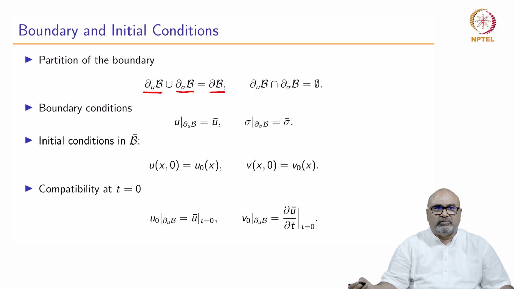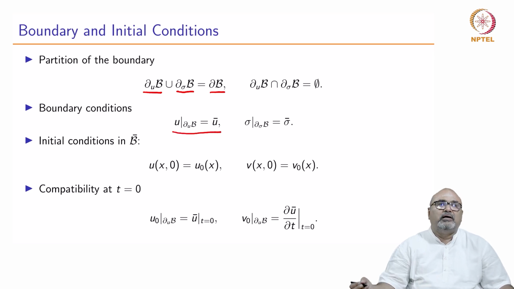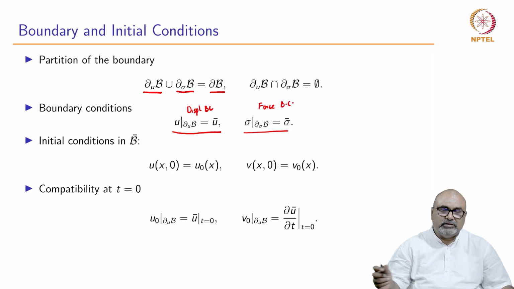On the Dirichlet boundary, the essential or displacement boundary conditions are prescribed, denoted by U equal to U bar, and then we prescribe force boundary conditions by prescribing sigma equal to sigma bar on dou sigma B.